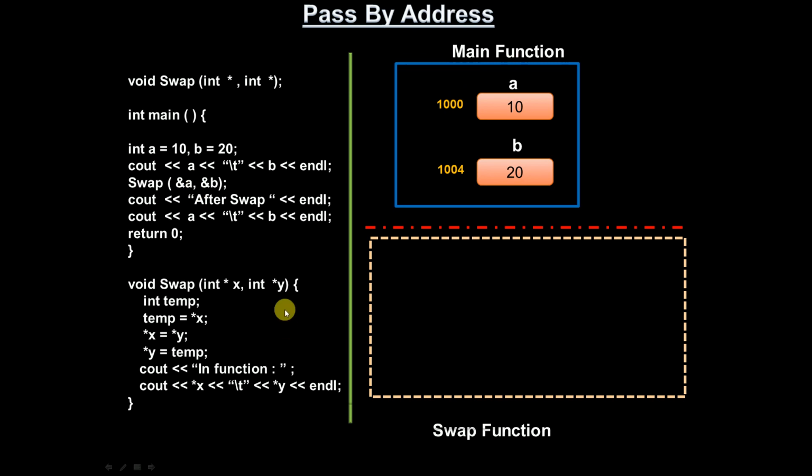Now what will happen when the control reaches here? First it will allocate memory for the pointer variable x. It is holding the address of A, that is 1000. Assume x itself is present at memory location 2000.